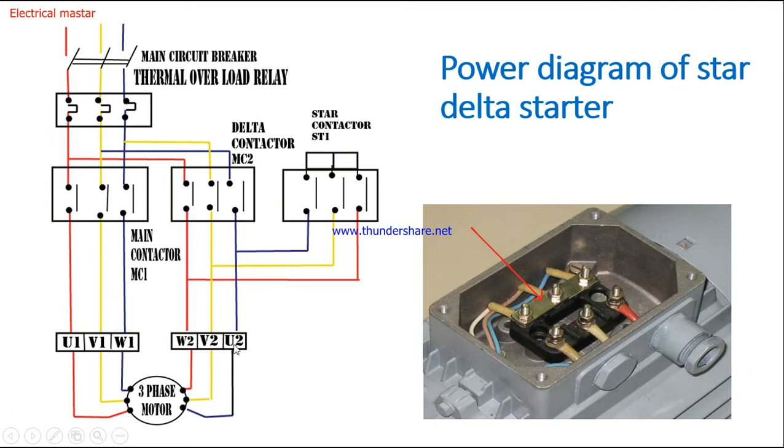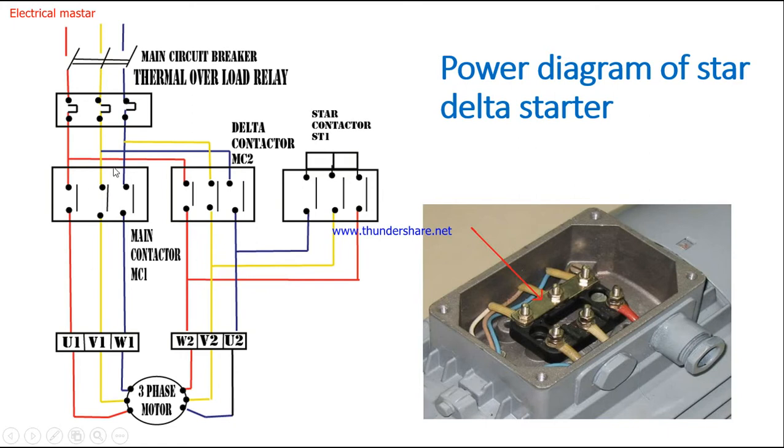The reason is this. In a normal three-phase induction motor with DOL starter connection, we only give three wires U1, V1, W1 as input. The other three terminals we always make a short link, connected to the inside winding of the motor.